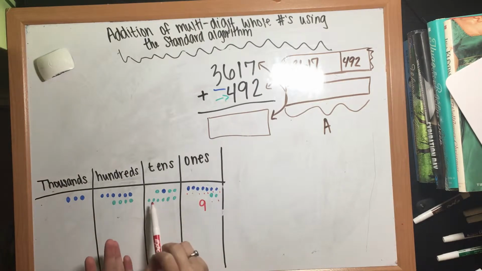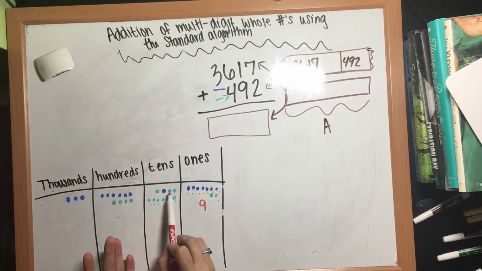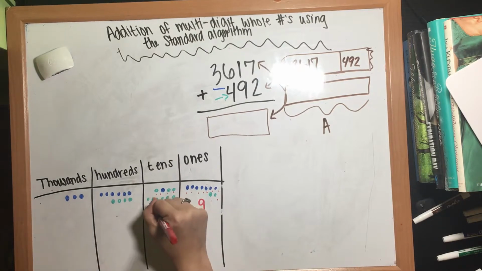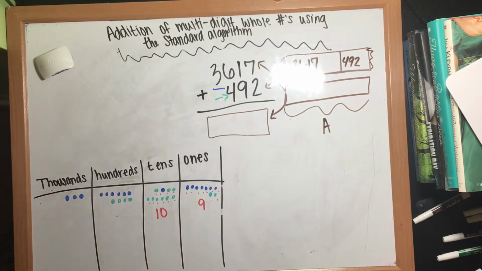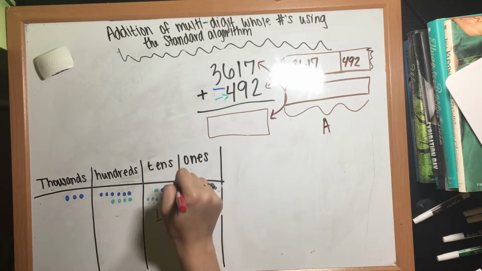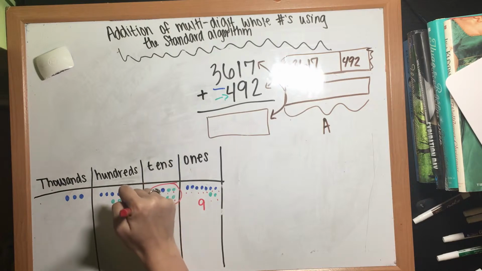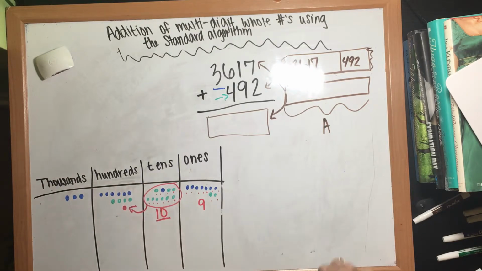In the tens place, I have 1, 2, 3, 4, 5, 6, 7, 8, 9, 10. Then you can ask them, is this number okay? Can we have a 2-digit number? No. Why? Because 10 in the tens place is the same as 1 in the hundreds place.